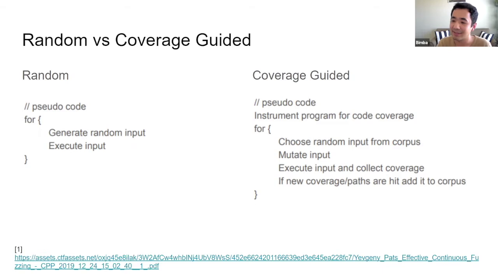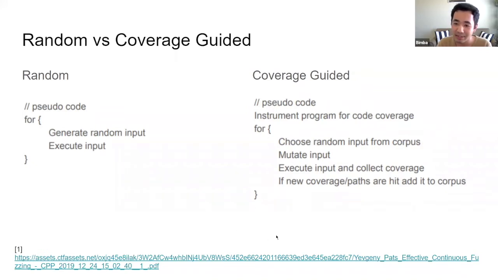This is an analogous thing. So if you were trying to test a JSON parser, your corpus would just be a bunch of JSON files or things that look like JSON files. It would have files that are non-binary with curly braces and quotation marks. So it would pick out a random input from the corpus.